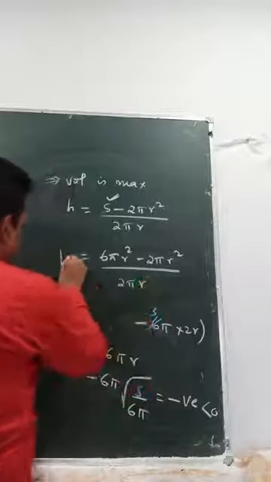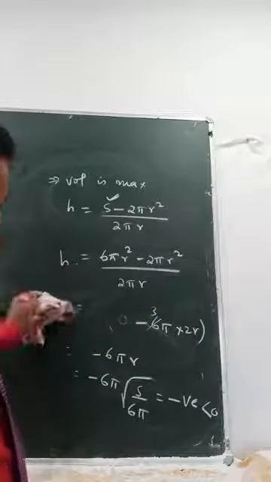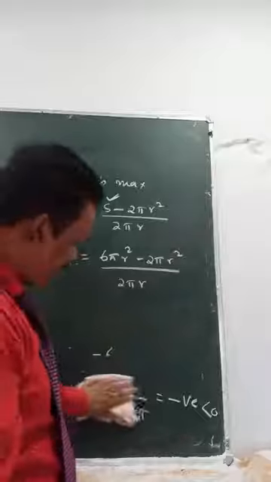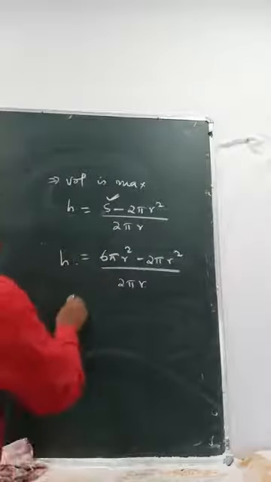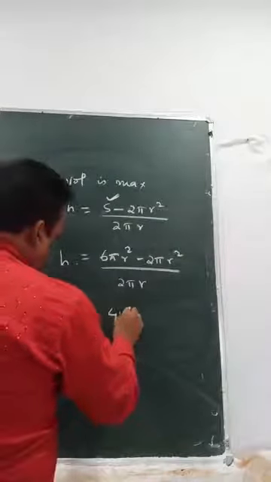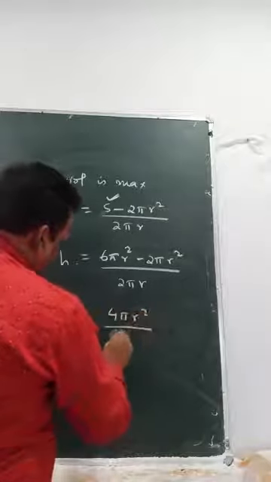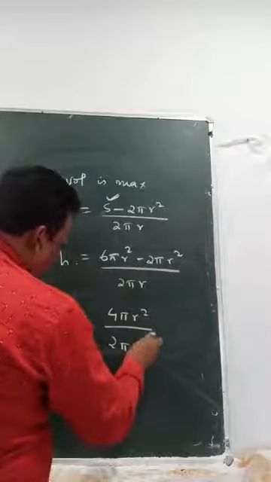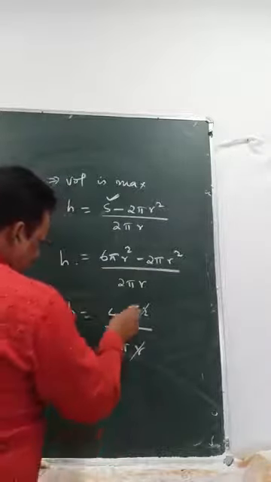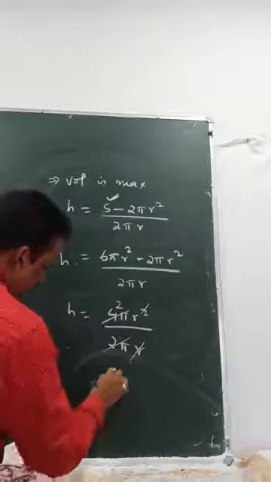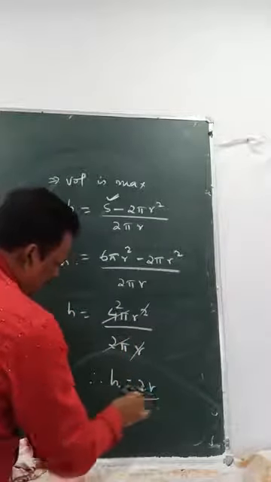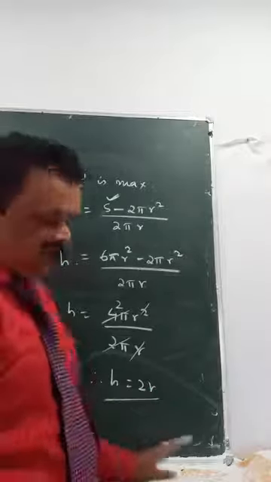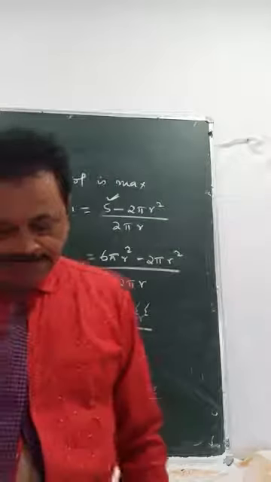So you are getting h equals 4 pi r square by 2 pi r. One of the r is cancelled, 2 pi cancels. Therefore height is equal to the diameter of the base. So proved. Get the clues on this.